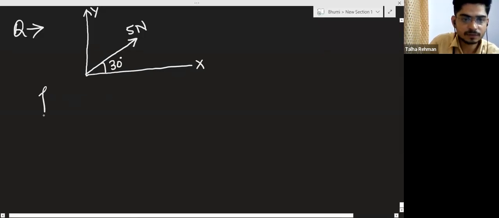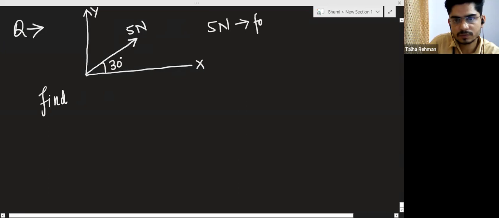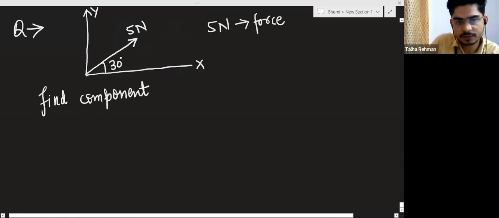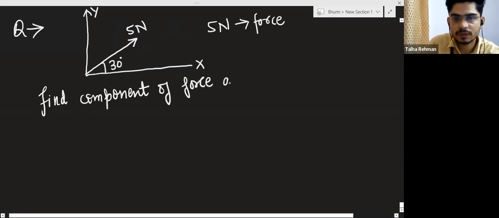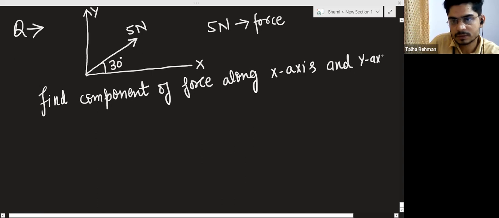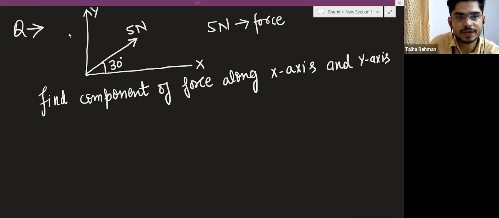We have to find the component of this force, 5 Newton force. Find component of force along x-axis and y-axis.